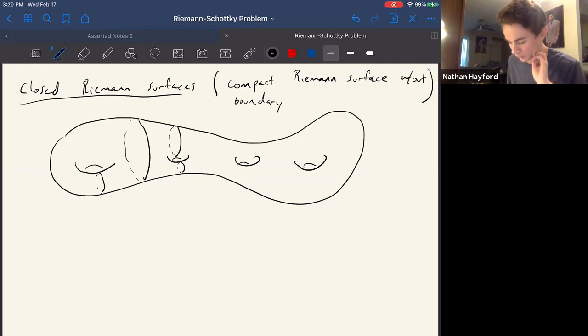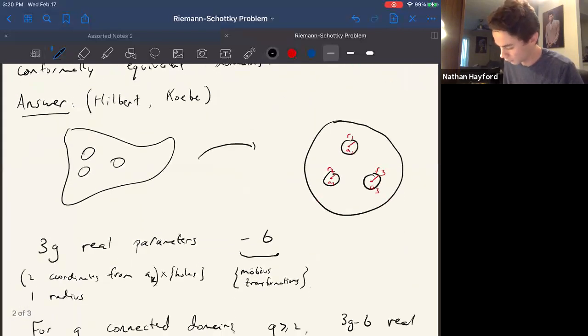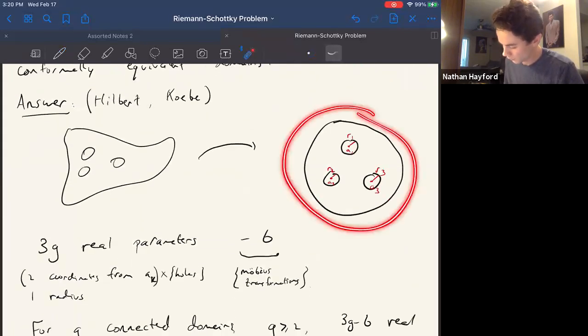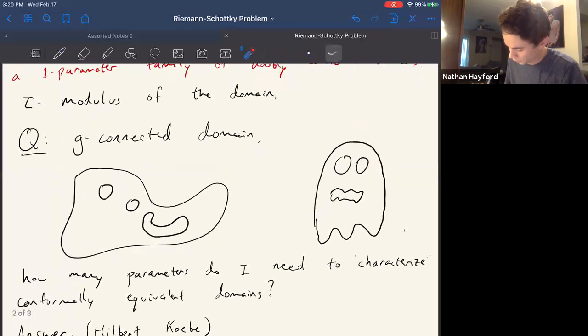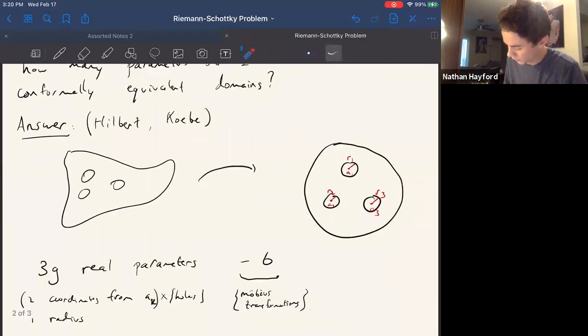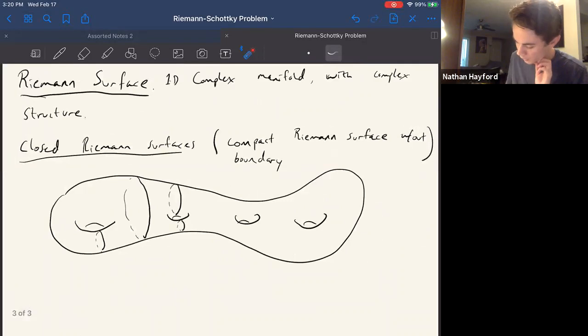So these are the kinds of surfaces we want to talk about. And a point that I want to make really quickly is that we can construct from any of these plane domains a Riemann surface like this by gluing two copies of this domain together along the boundary, and giving it good coordinates when you switch to the other half by using the Schwarz function, essentially. But for right now, it's not so important.